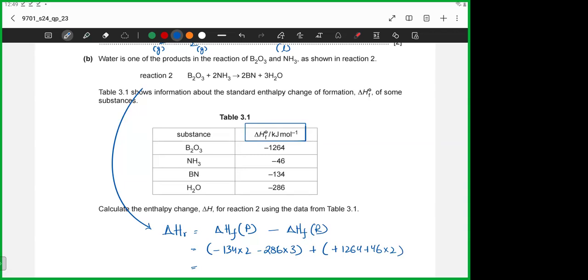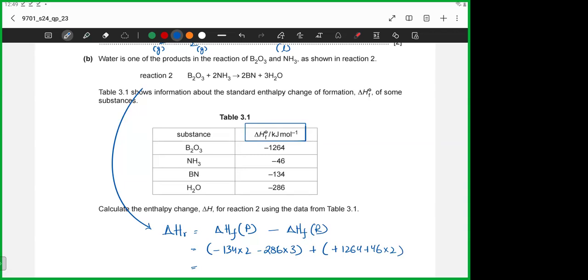Negative 2482? No, that's wrong. You see, minus 1264, that's going to become plus. 2 times 46, that's also plus. 134 times 2, 3 times 286.